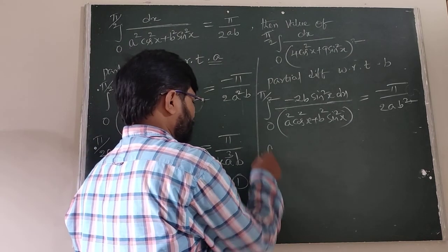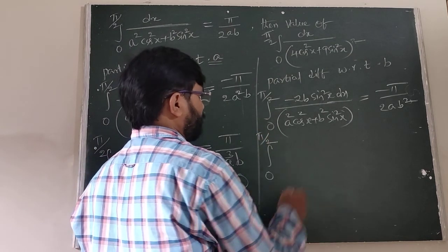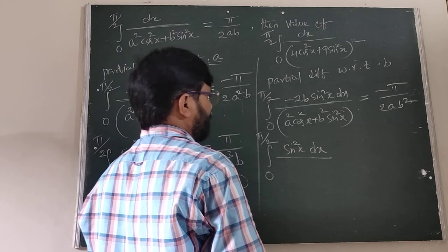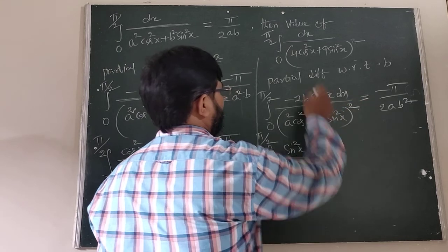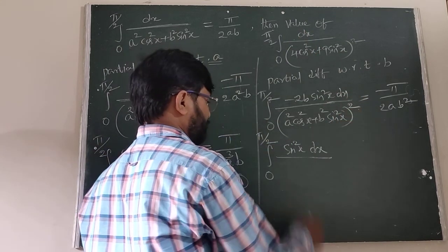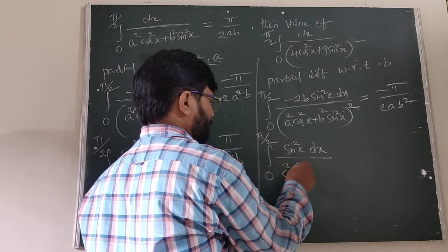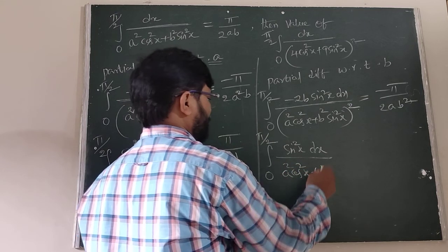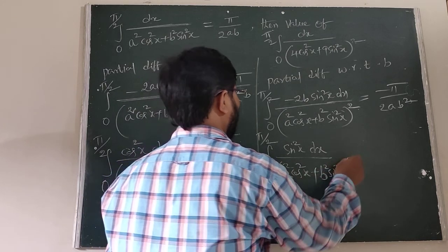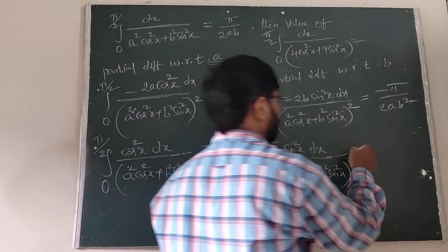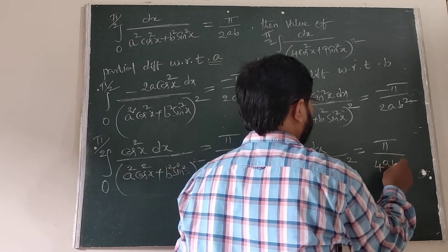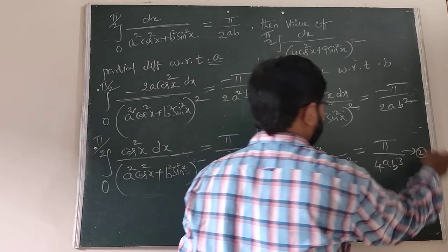Therefore, this is the integral from 0 to pi by 2 of sin square x dx over (a square cos square x plus b square sin square x) whole square, equal to pi by 2 into 2, that is 4 a b cube. This is taken as equation 2.